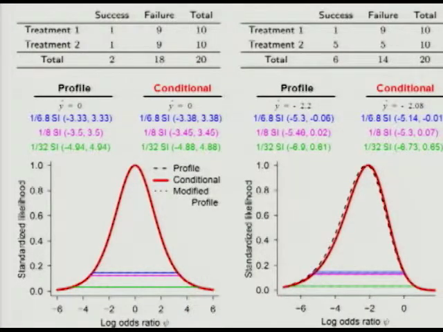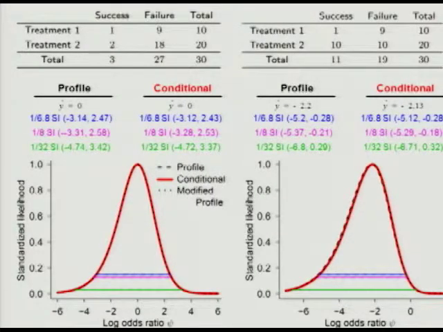Looked at another way, this is showing you the profile and conditional likelihoods. For the first example, there really are no differences whatsoever. For the second, the conditional likelihood is pulling the maximum likelihood estimate slightly towards the null as compared to the profile, but again the differences are extremely slight.